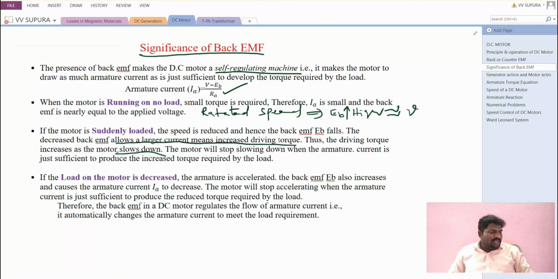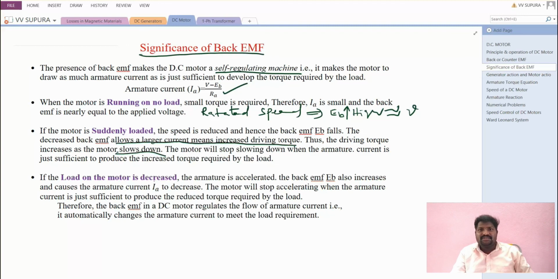Next point, when the load on the motor is decreased, what happens? The speed increases. If the speed increases, back EMF increases. If the back EMF increases, current will decrease. If the current decreases, automatically the force reduces.